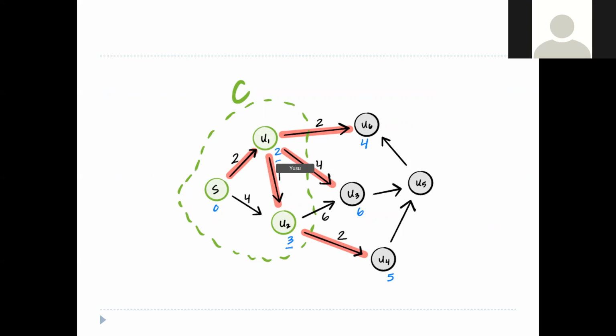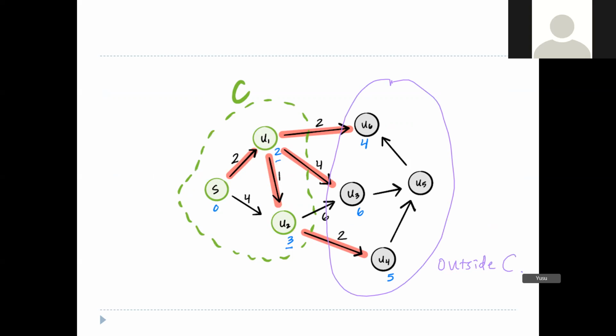All the nodes also have some estimate of shortest path. What do we do next? I want to pick another node whose shortest path distance turns out to be correct, and the strategy I'm going to use is a greedy strategy. I look at the nodes outside.